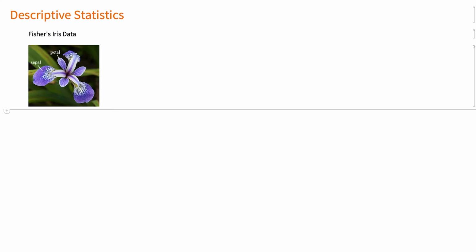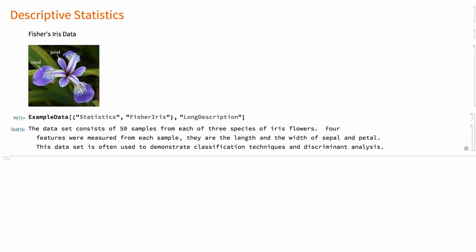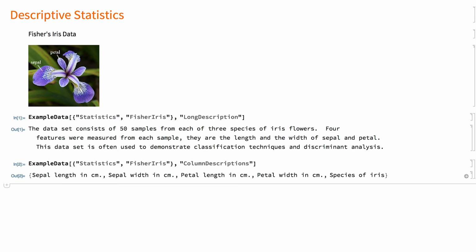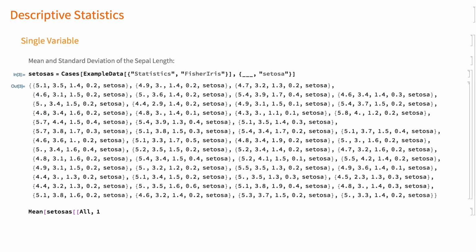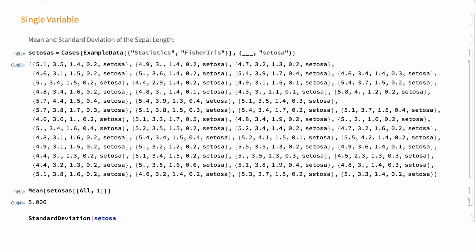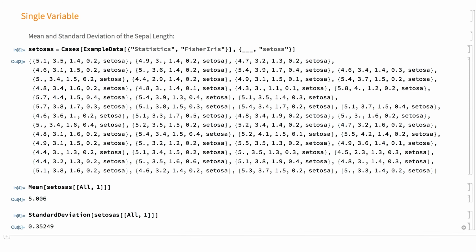Let's revisit the Fisher Iris dataset that we explored visually in the first segment of the section, Get to Know Your Data, but this time let's look at some of the descriptive statistics for the features. Here are the mean and standard deviation for a single variable, that is sepal length, for the Setosa class.